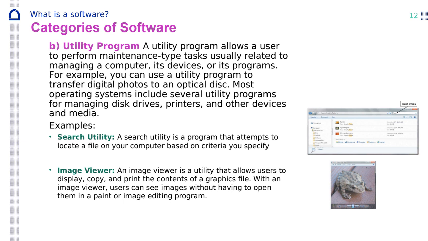Search utility is a utility program. Image viewer also, utility. Search, yani like here, if you come here and you go for search, you type something here to quick search for it, okay? This is a utility.